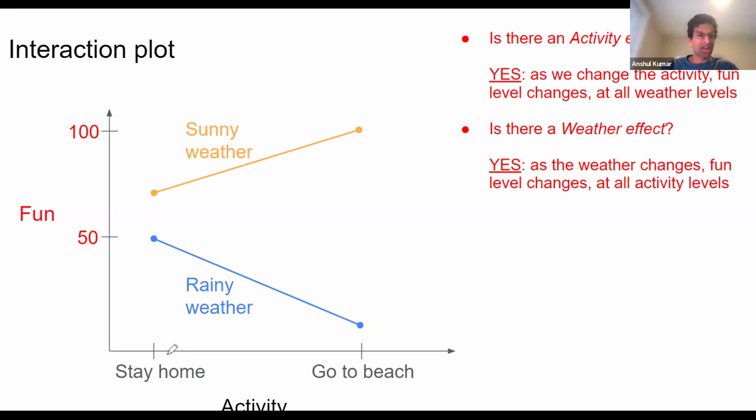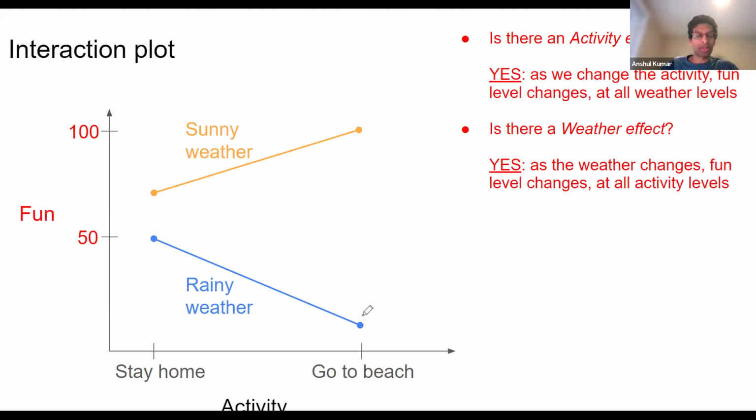Only looking at staying at home, let's compare the scenario where it's rainy with the scenario where it's sunny. And so that difference can be visualized here. As the weather changes from rainy to sunny, our level of fun changes from 50 to 70. So that's a change that's not 0. So that means when we look at the staying home condition of activity, there is a weather effect.